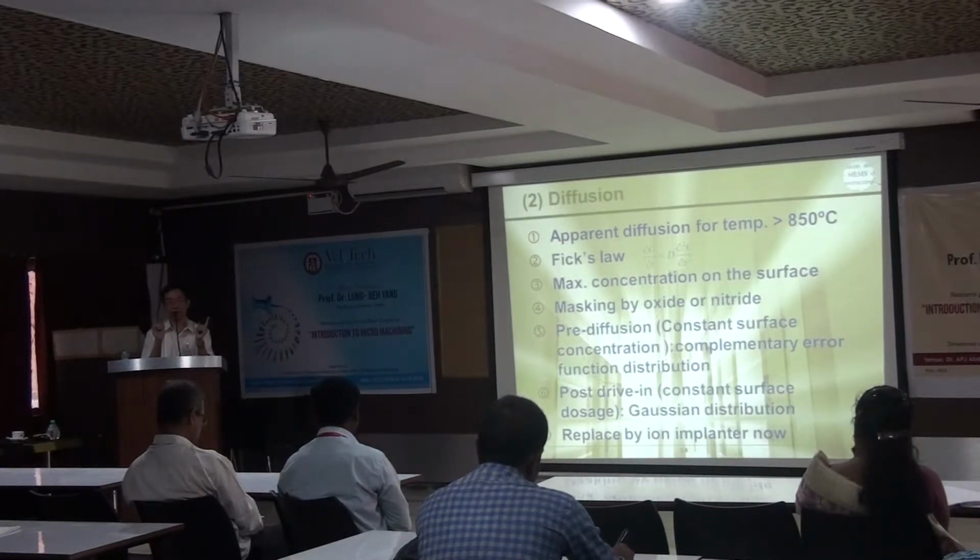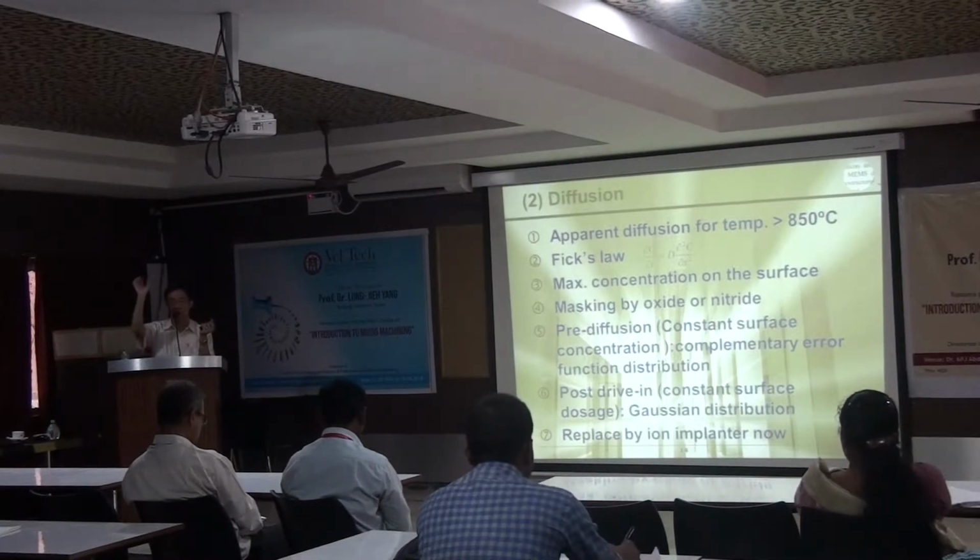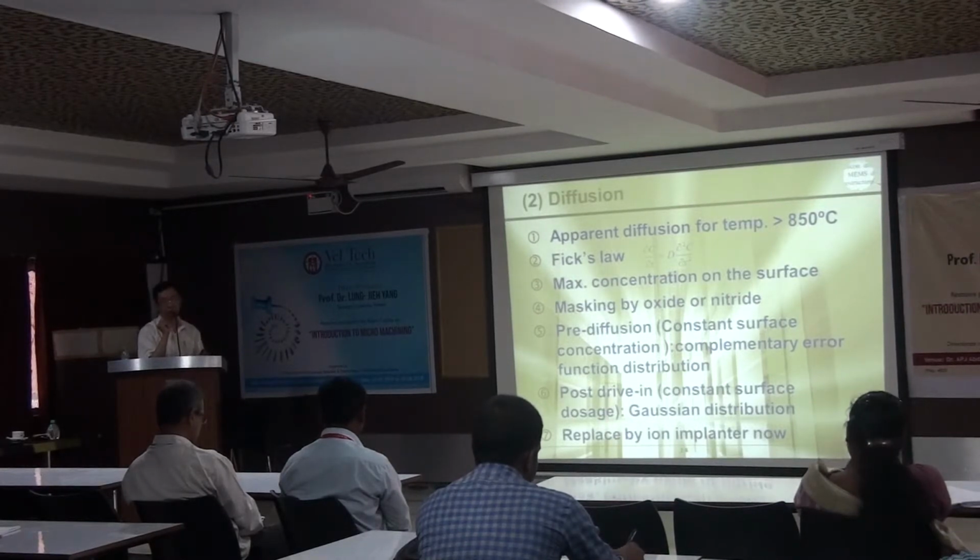For a high temperature process, we have the mass transfer phenomena. Mass will go from the high concentration to the low concentration area, with a mass transfer phenomenon or diffusion phenomenon.